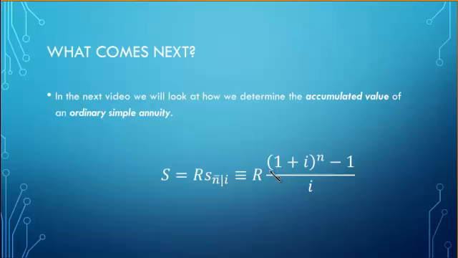This term here, which is expressed by this term over here, simply means the accumulated value if you paid $1 every time you made a payment. And so if you're paying R dollars, you simply multiply what you get here by R. Anyway, we'll discuss this in much more detail in the next video.